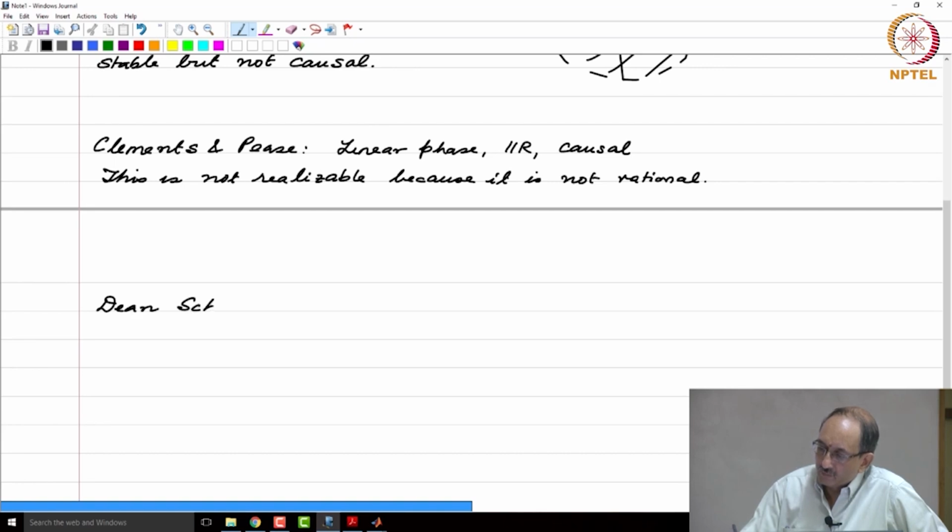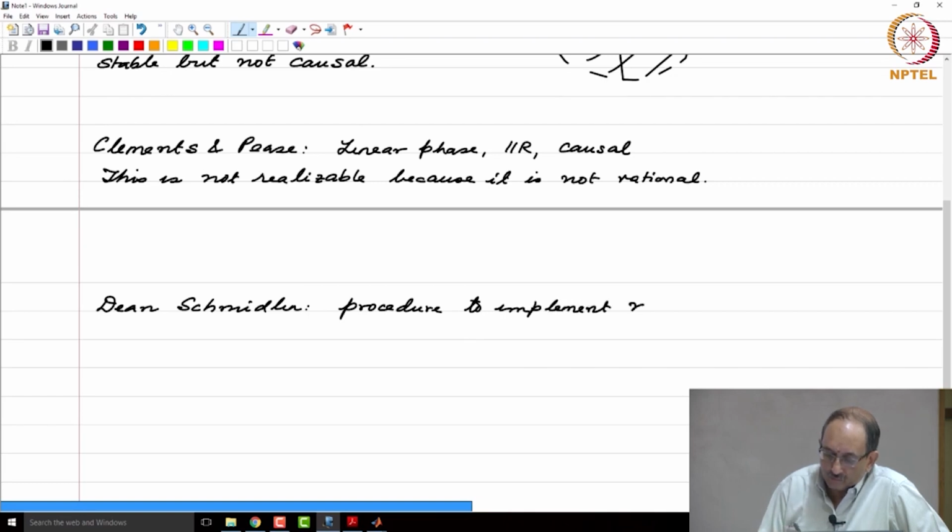Then came Dean Schmidlin, I think 1995 or 1997. So, in that paper, Dean Schmidlin outlined a procedure to implement non-rational transfer functions, and in fact one of the examples that is in that paper is precisely the Clements and Pease filter, how to implement it.